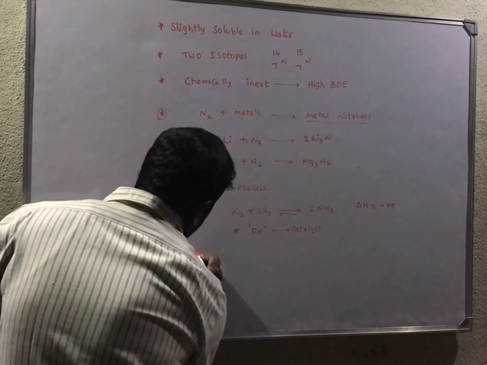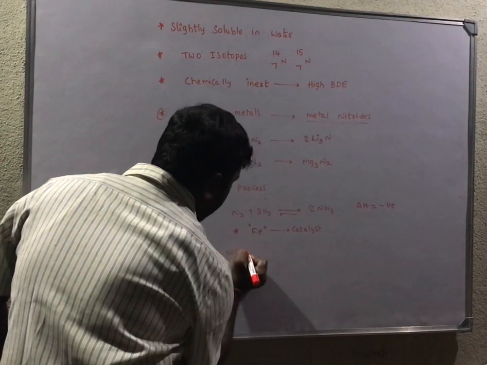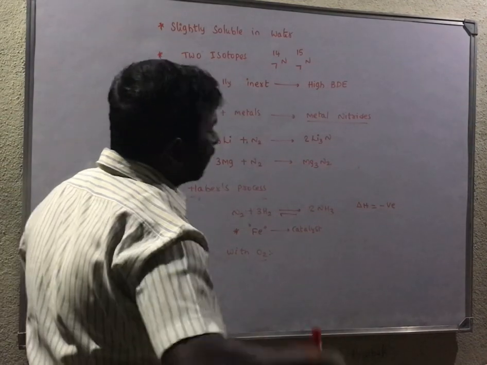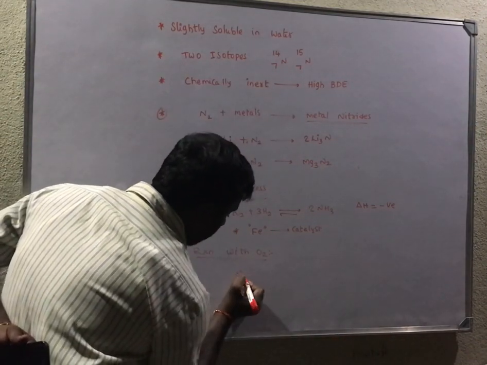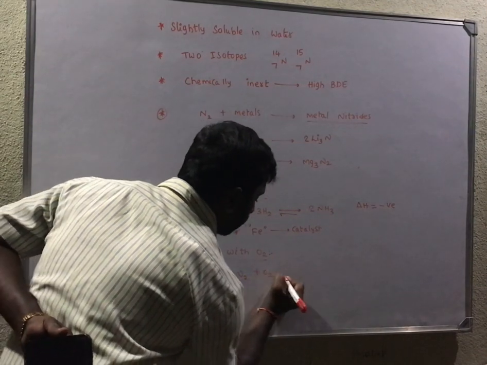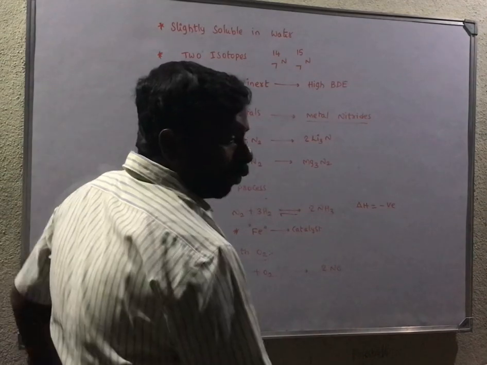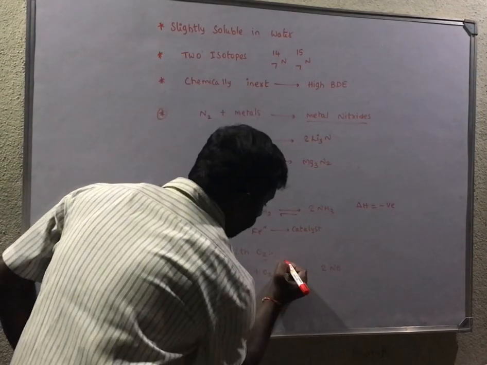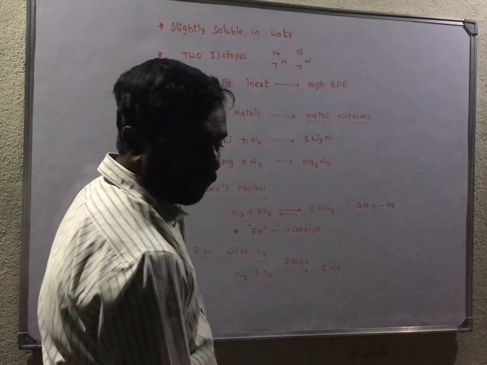Next, reaction with oxygen. Here nitrogen N2 reacts with oxygen to form 2NO. This reaction takes place at around 2000 Kelvin. Why?